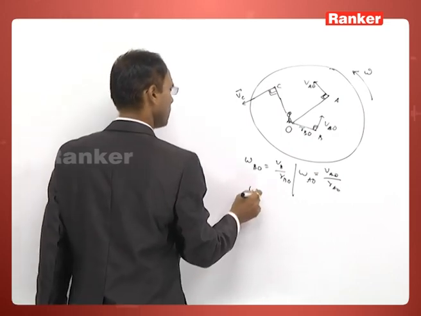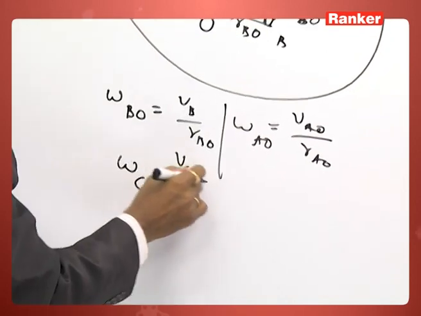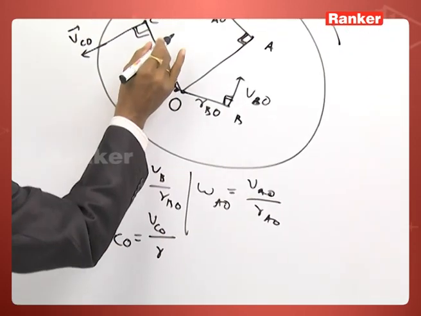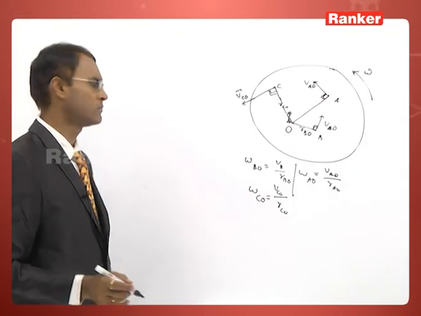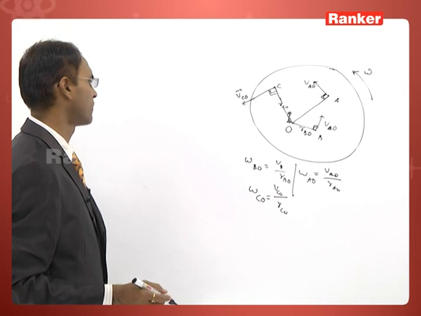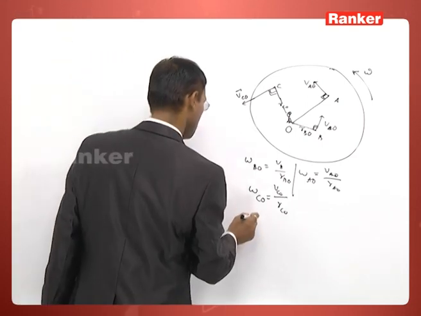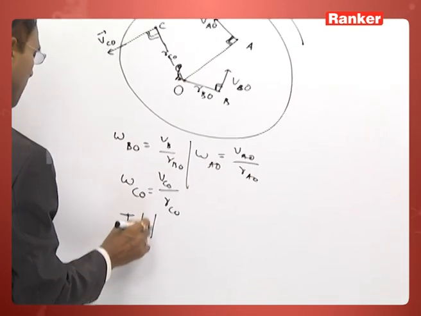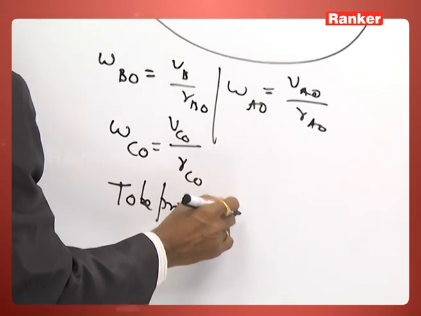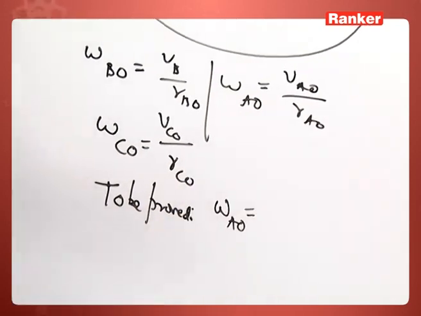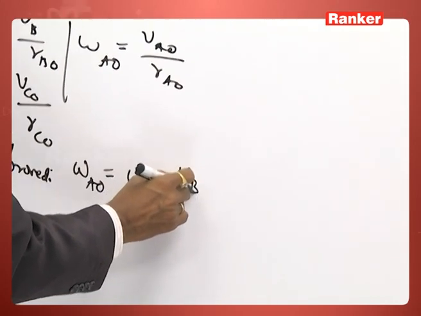Omega CO is equal to V_C by R_CO. Now we have to prove that omega AO is equal to omega CO is equal to omega BO.